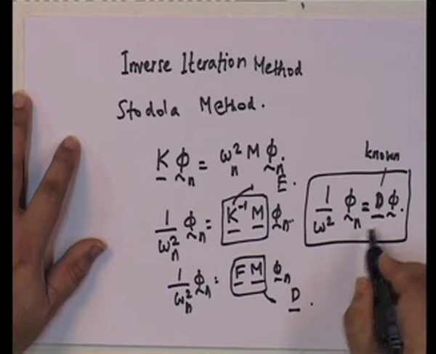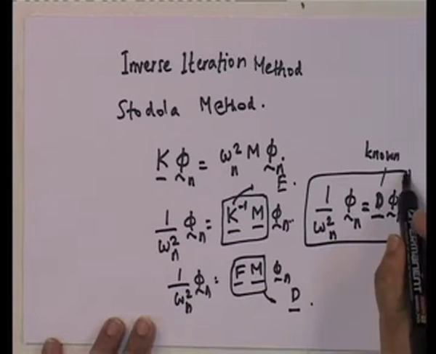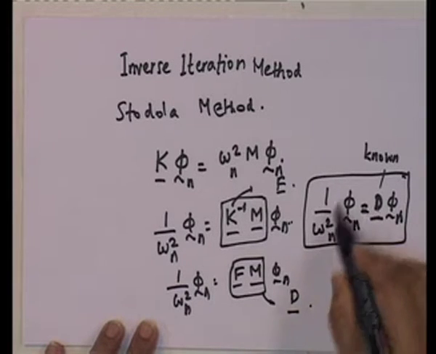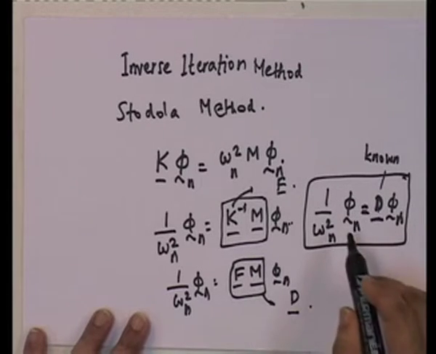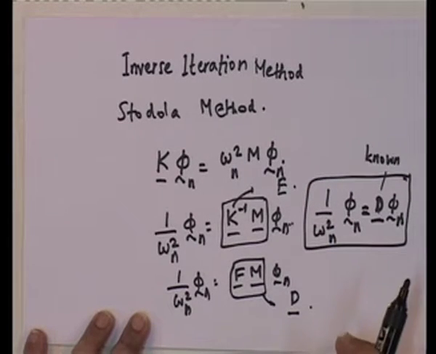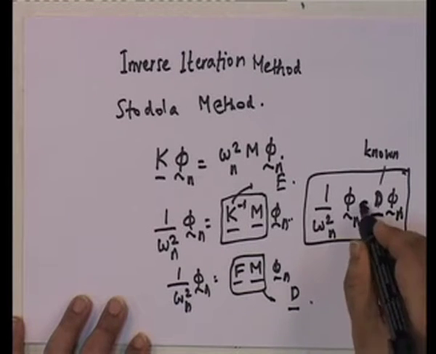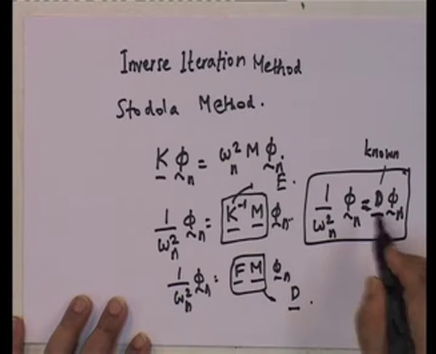So this is omega n, phi n, D phi n. Now, this is true if this is a displacement. After all, phi is nothing but the displacements corresponding. Only thing here is that it is a shape. So that is okay, that does not matter, it can take any displacement. Now, this is true.